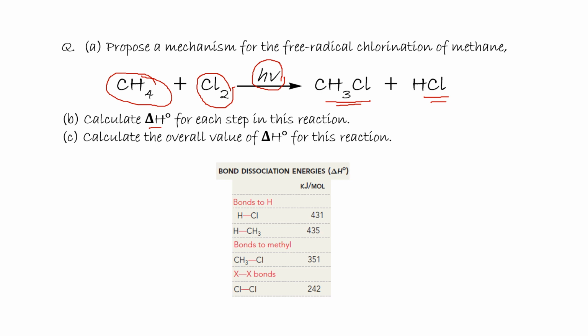Calculate the overall delta H naught for this reaction. Given bond dissociation energy, HCl, carbon-Cl bond, carbon-hydrogen in methane, carbon-chlorine in chloromethane, and Cl-Cl bond.